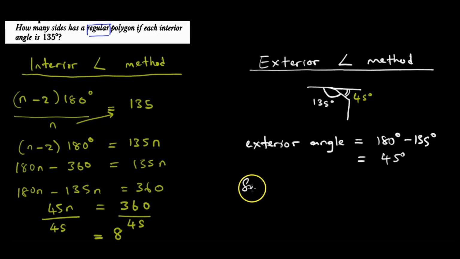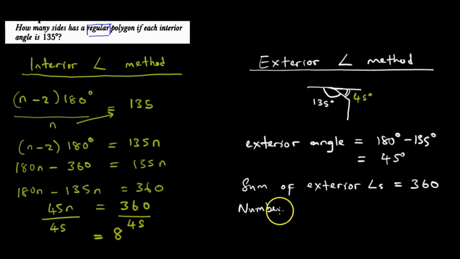But we know that the sum of exterior angles is always equal to 360. So if we want to know the number of sides, remember that the number of interior angles is equal to the number of exterior angles. So to find the number of sides, we take the sum of exterior angles, which is 360.